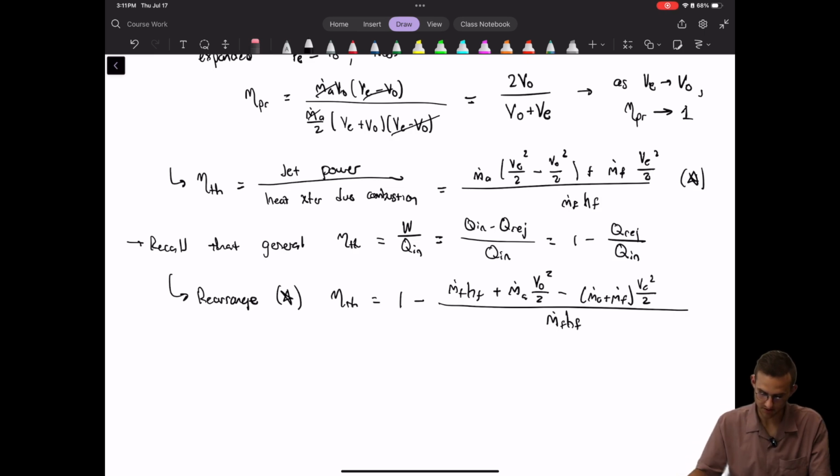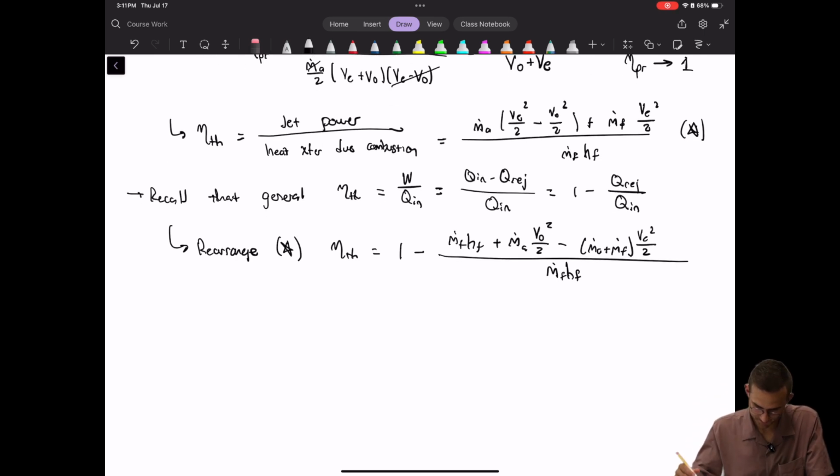Okay, so remember that our total enthalpy is written as h naught plus V naught squared over 2. So recall ht naught is equal to h naught plus V naught squared over 2. So we can actually sub in for the V naught squared, bring in the actual total enthalpy.